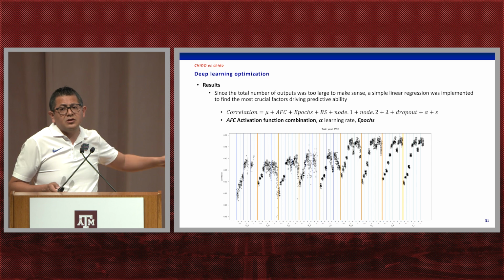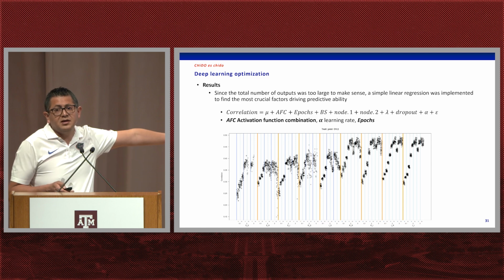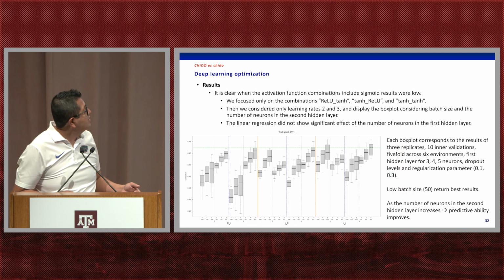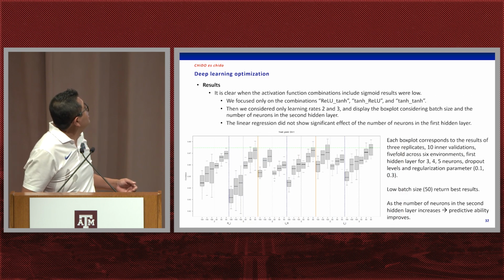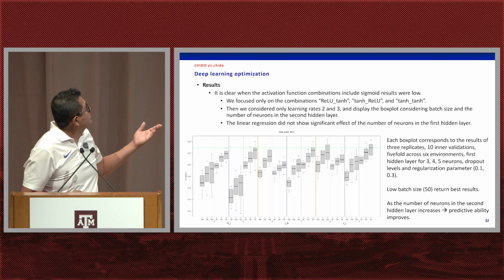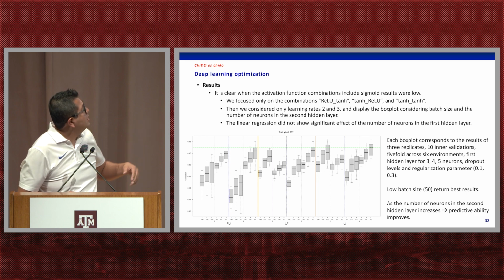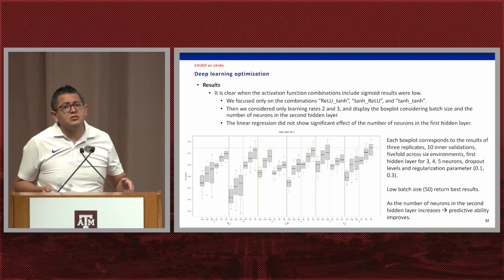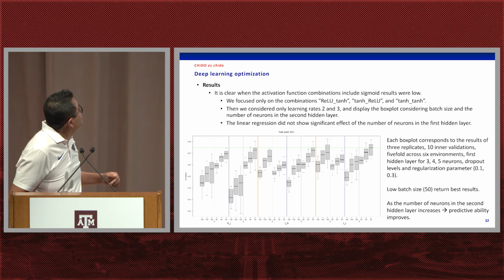So with this, we can focus on the last 3 activation functions, or combinations of activation functions, right? So here we discard whatever involves sigmoid, and then we pick only those that have the tangent embedded.